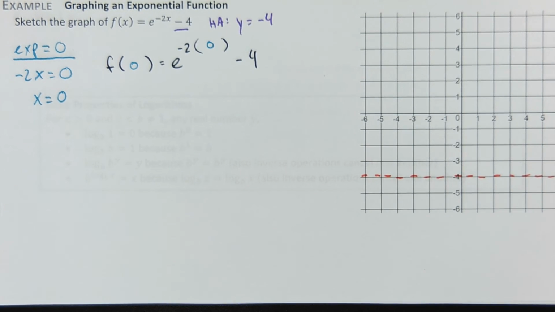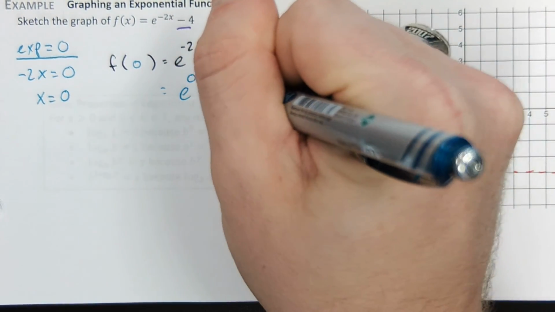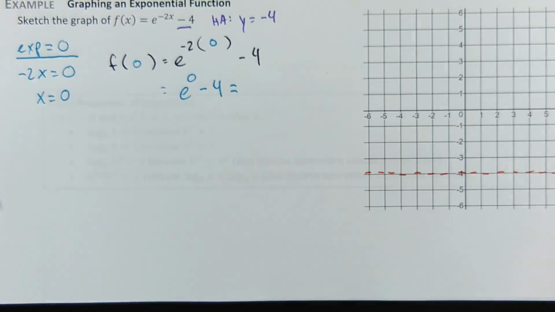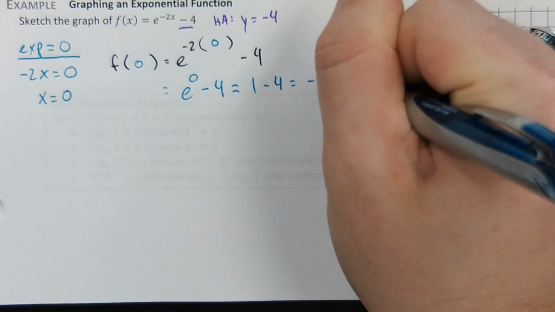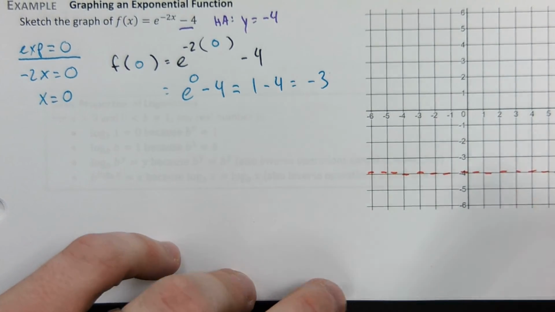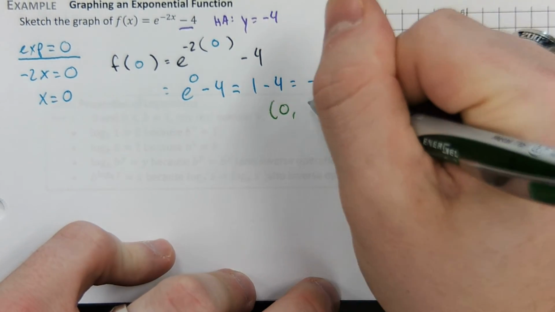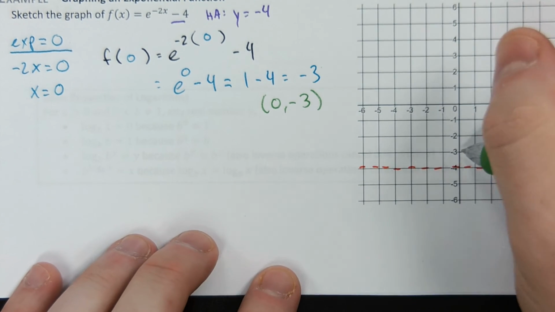Just showing that it's multiplication here. And negative 2 times 0 is 0. Any number that's positive to the 0 power is 1. So 0 comma negative 3 is on our graph.